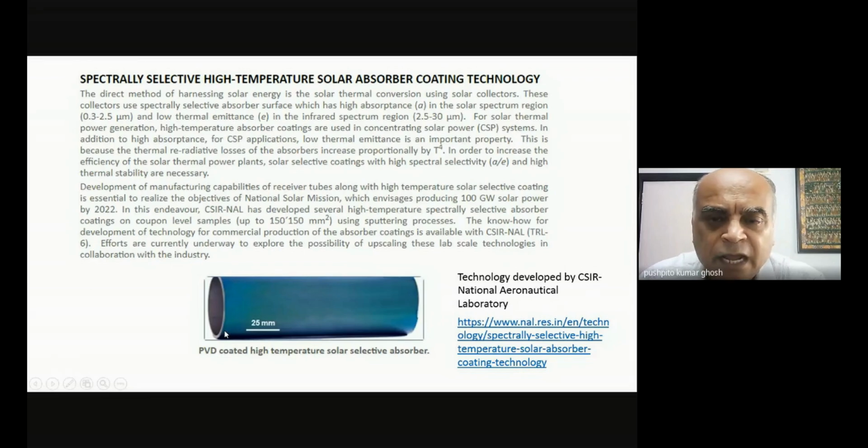We know that a black body would absorb all the radiation. So effectively, what you need is some kind of coating which is very efficient for absorbing all the radiation, and this is known as a solar absorber.